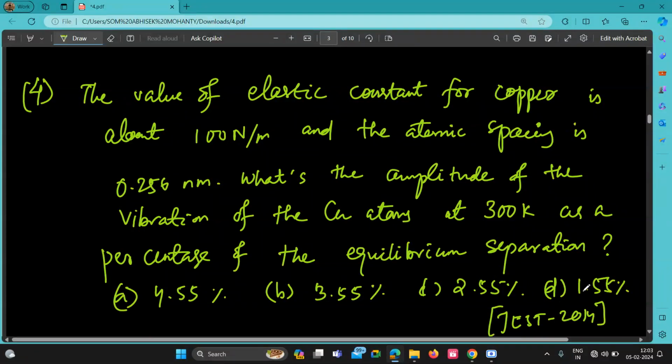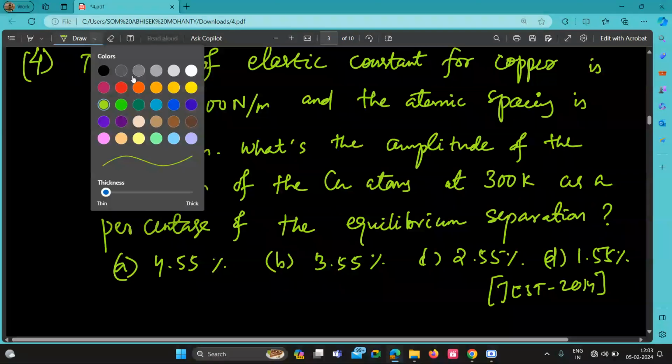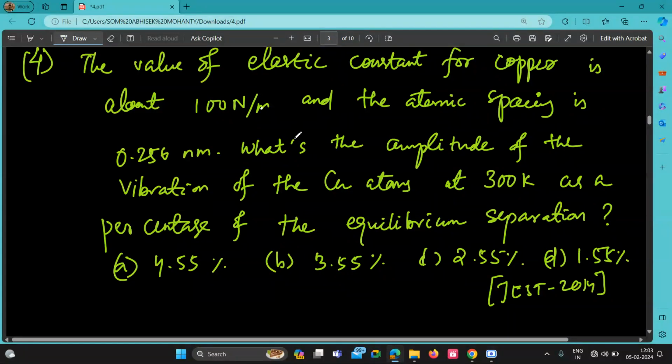Value of elastic constant for copper is about this much. Elastic constant. Okay, what is elastic constant? Newton per meter. And then the atomic spacing is this much. What is the amplitude of the vibration of copper atoms at 300 Kelvin as a percentage of the equilibrium separation?